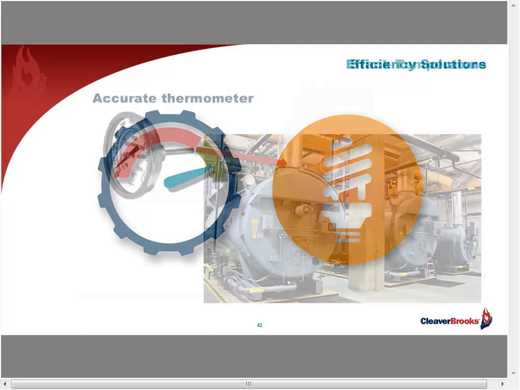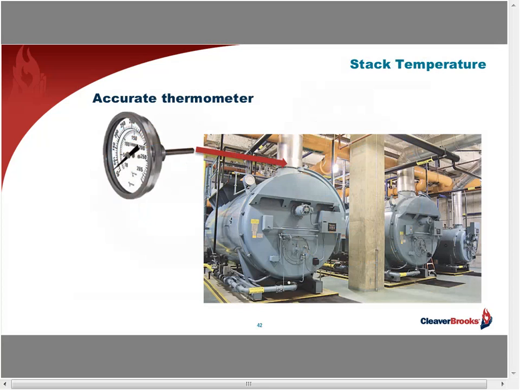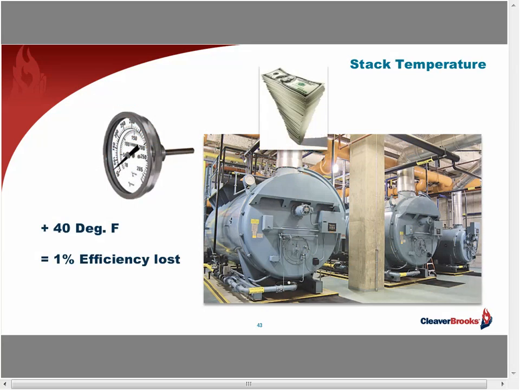As simple as this may sound, we'll start by making sure the boiler is equipped with an accurate and easy-to-read stack thermometer installed in the boiler's vent outlet and monitoring it regularly. Because, as mentioned before, for each 40-degree rise in temperature above a benchmarked base firing rate, operating temperature or pressure, and ambient temperature, you lose 1% in efficiency.